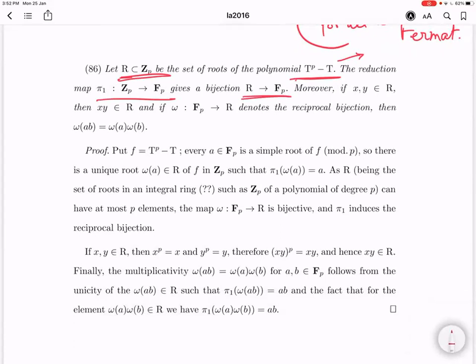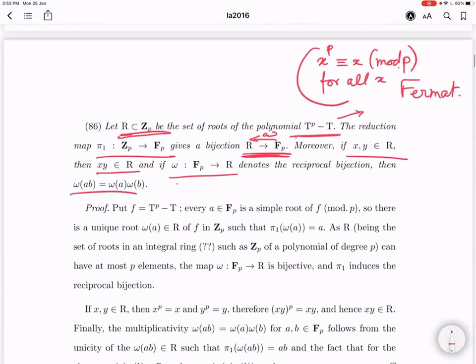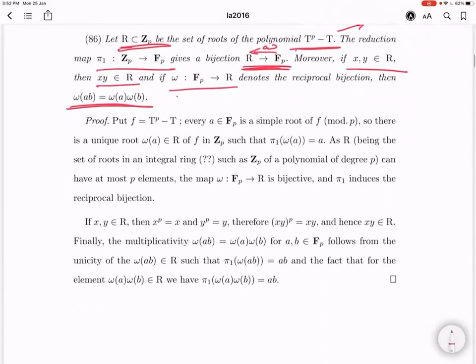And moreover, if I have two elements x, y in R, then their product is also in R. And this omega, what is omega? Omega is the reciprocal bijection. If the reduction modulo p gives a bijection here, you take the reciprocal bijection omega, and omega is multiplicative. That's the thing we are going to prove.